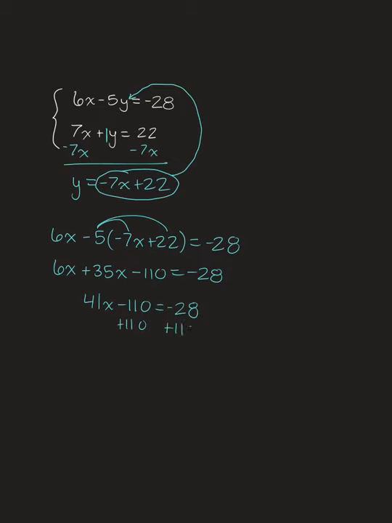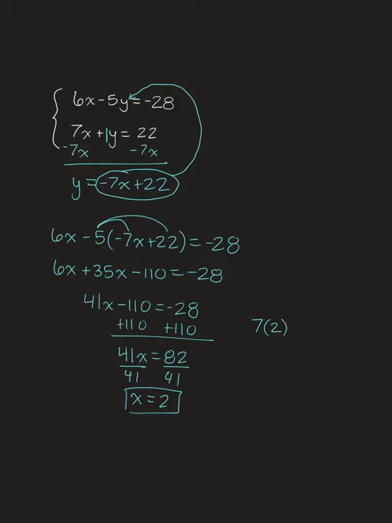Add 110 to both sides. So negative 28 plus 110 is 82. You can divide by 41 on both sides, and x is equal to 2. So now that I have x, I can plug it back into one of the originals and solve for y. So I am going to probably do the second one.